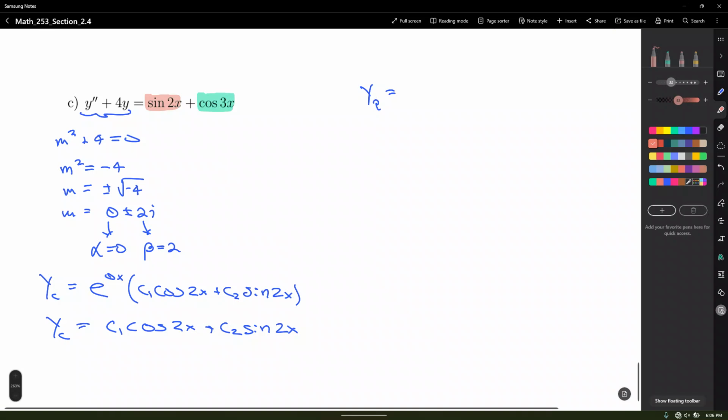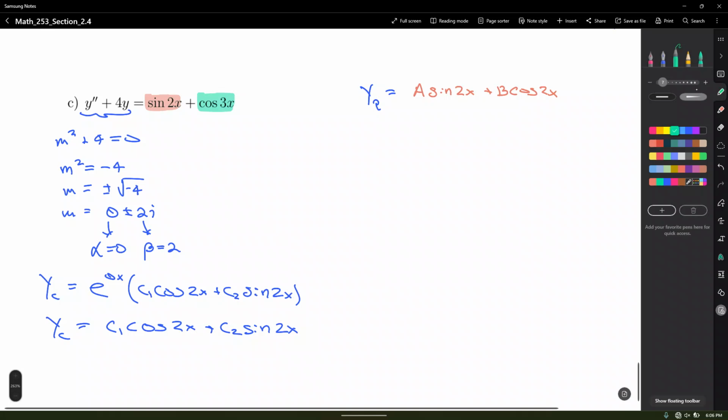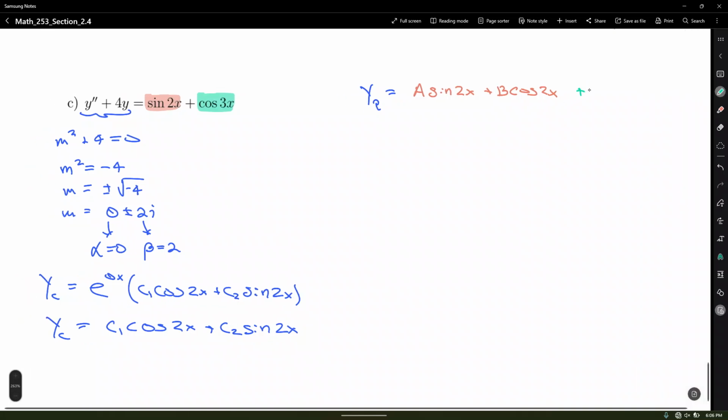Let me use different colors. So that is a sine 2x plus b cosine 2x, and another color, plus c sine 3x plus d cosine 3x.